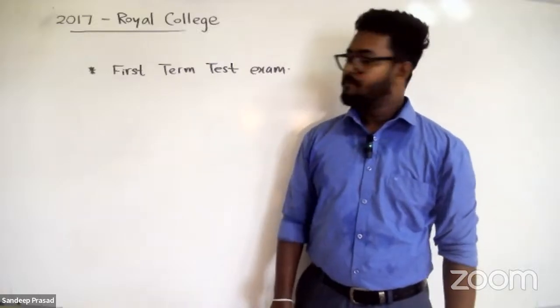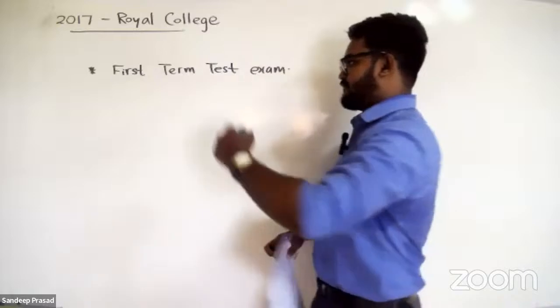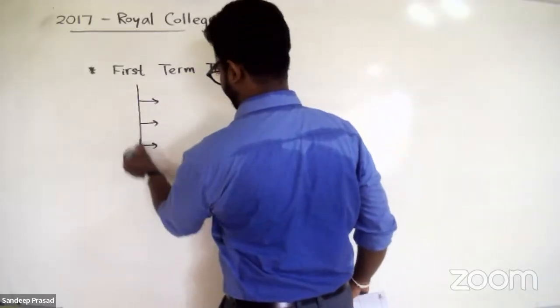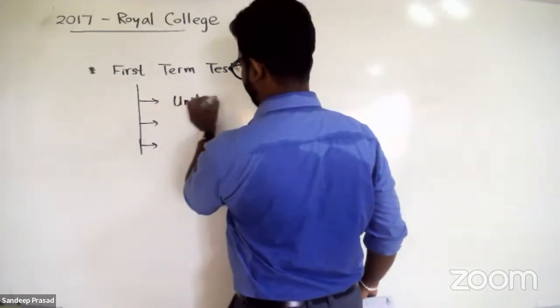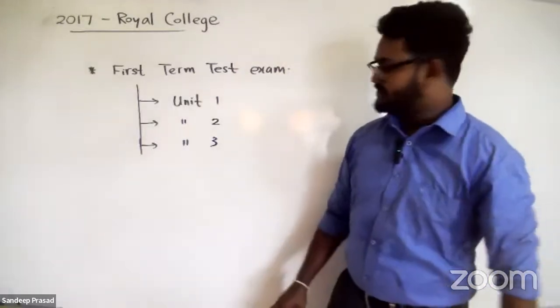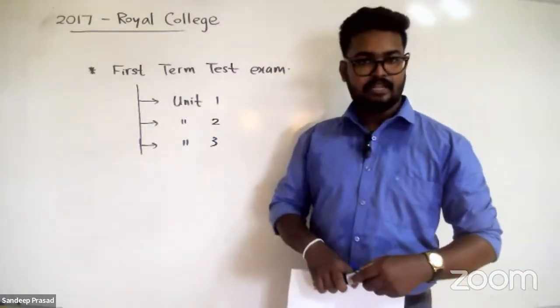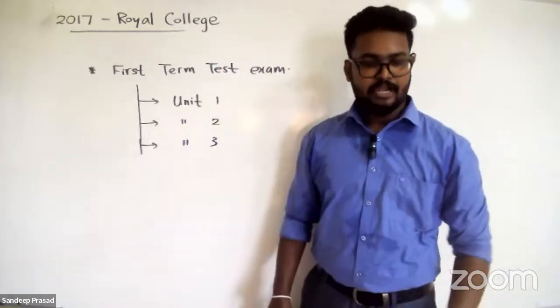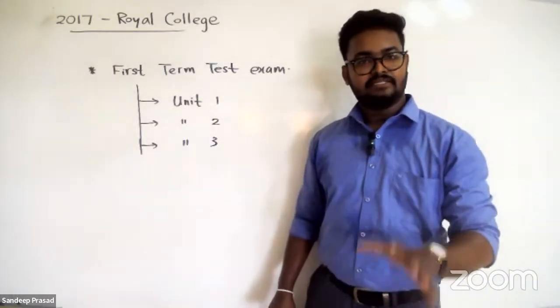So remember, your first term test examination is going to be conducted using 3 units. Unit number 1, unit number 2, and unit number 3. Structure and bonding, second unit. Third unit, chemical calculation. Currently, we are doing these 2 units, and we have already finished the first unit, atomic structure. So these 3 are the units.